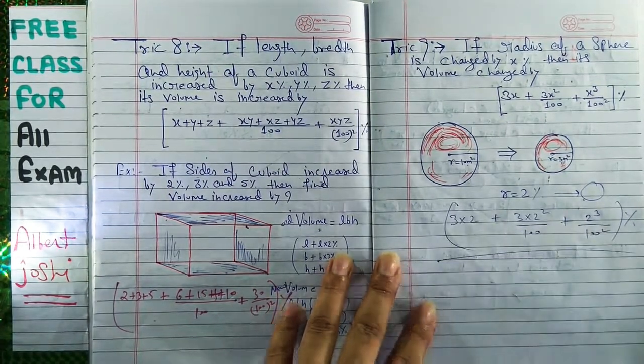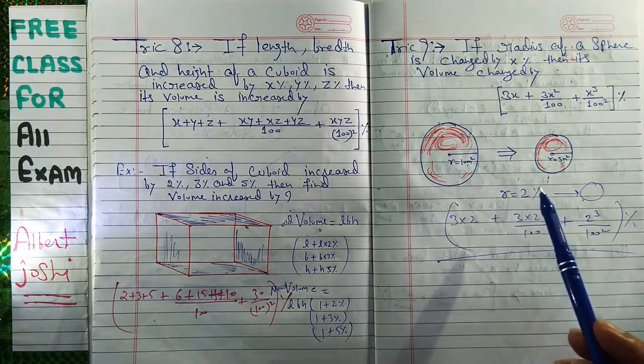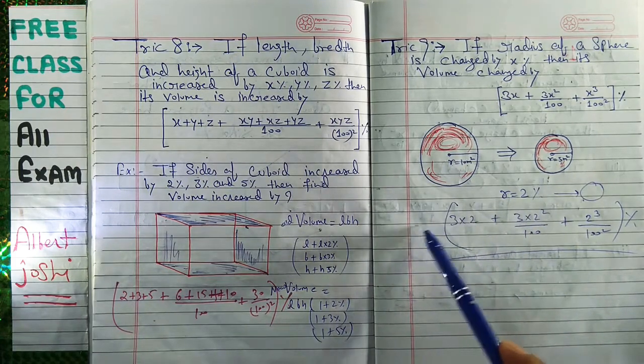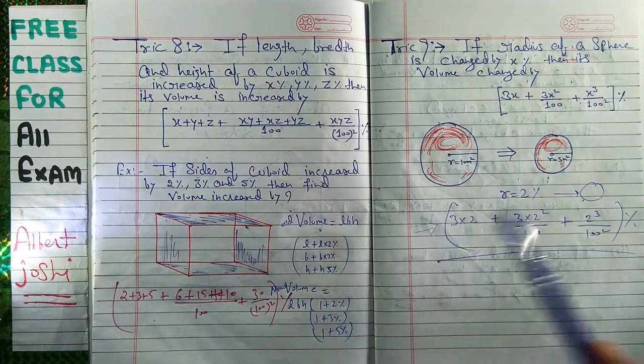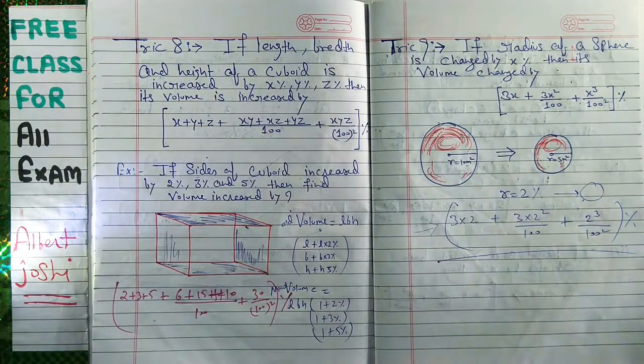This is your answer. Suppose you have increased the radius of a sphere by 2%, then what percentage of the volume will be increased? If you know the trick, then you can solve it.